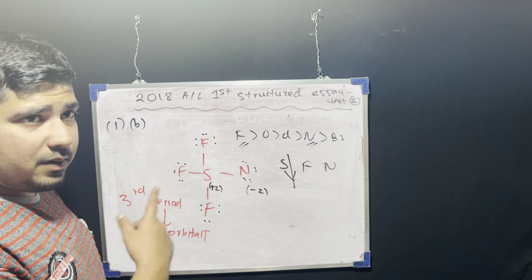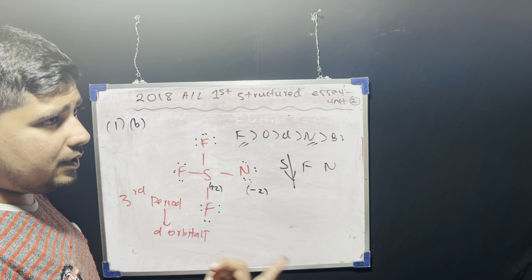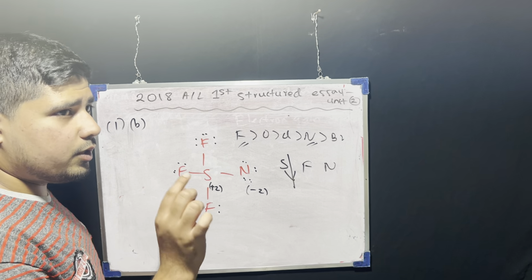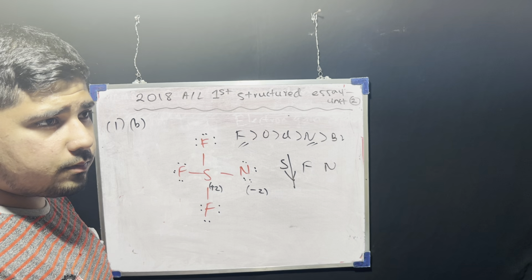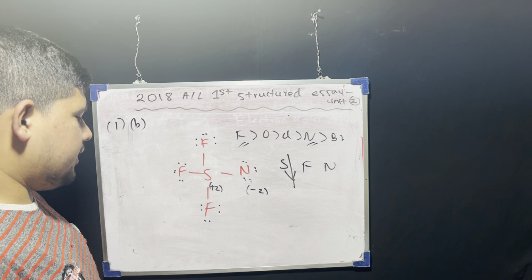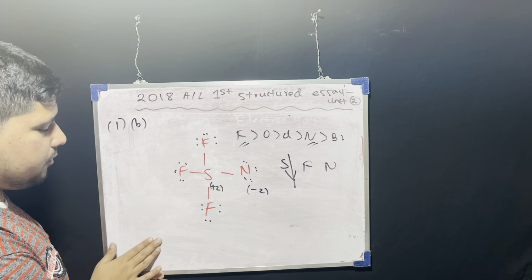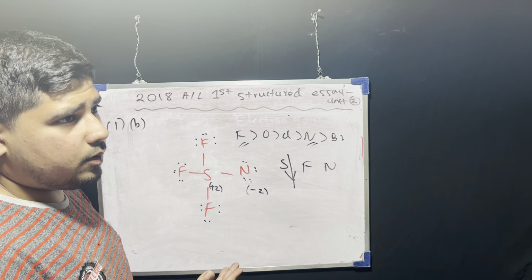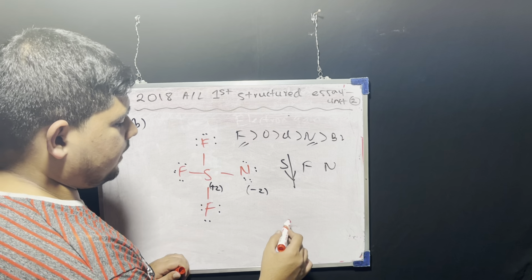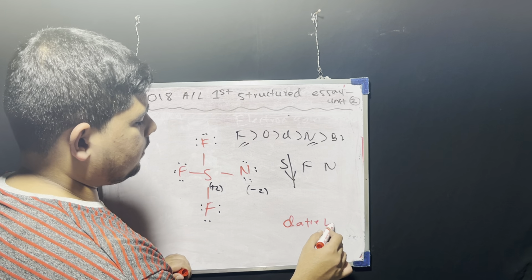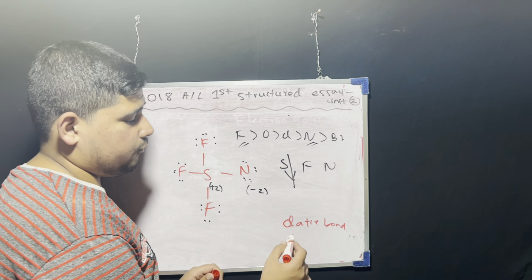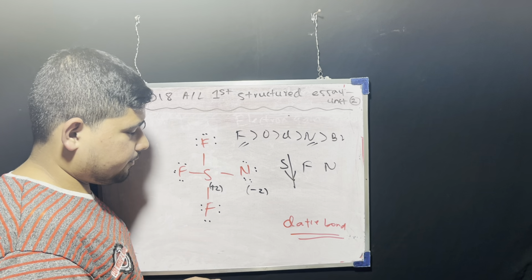You must have studied this part in theory. I wanted to give a detailed explanation. Sulfur belongs to the third period, therefore it can form more than 4 bonds, a maximum of 6 bonds. So what is the type of bond? A dative bond is going to form here. A dative bond is a type of covalent bond.